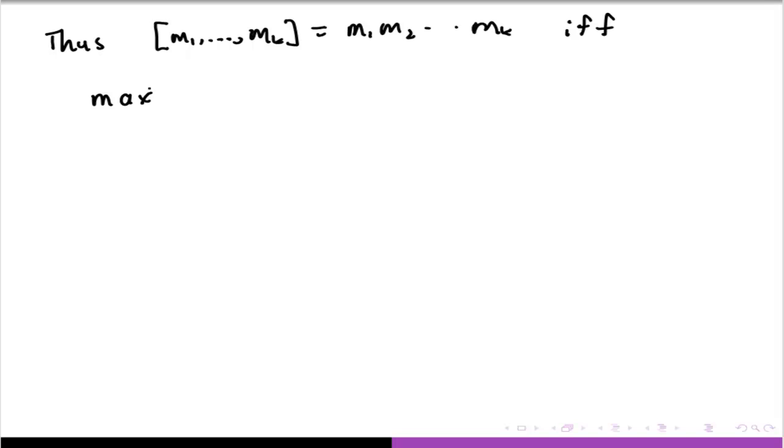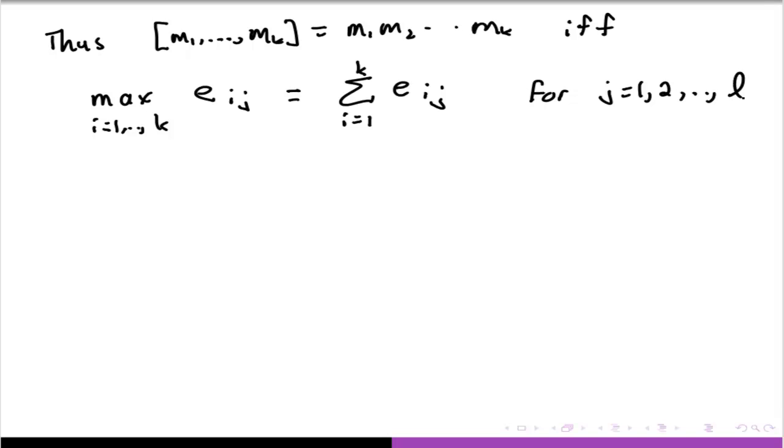So thus, the least common multiple is the product if and only if, when you look at the maximum, where i goes from 1 to k of e_ij, this should equal the sum, i going from 1 to k of e_ij, for each of the primes, so each j going from 1 to L. So the maximum is the power we get for the least common multiple.